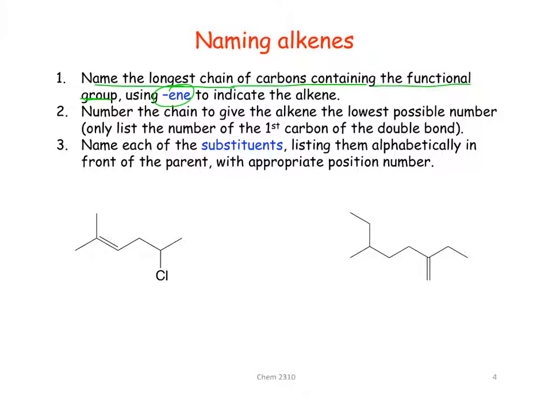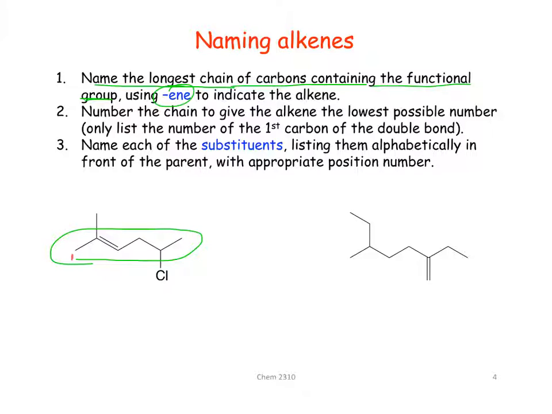And we're going to use ene to indicate that there's a double bond. So let's just start into this first one. So let's pick the longest chain, or a longest chain that includes the alkene. Could be this one here. And then we're going to number this chain to give the alkene, the double bond, the lowest possible number. Even if there's some other substituents on there that could have a lower number, we're going to give that alkene the lowest number because it takes priority.